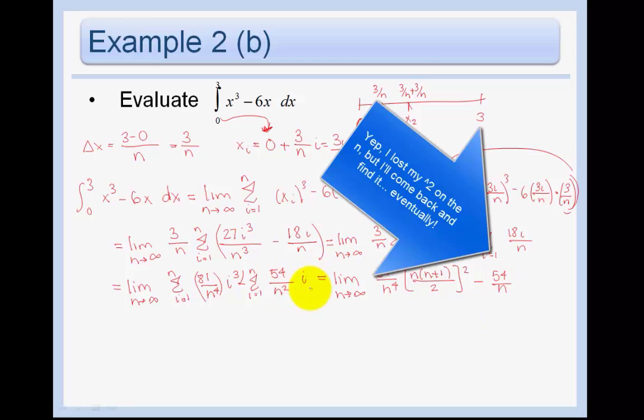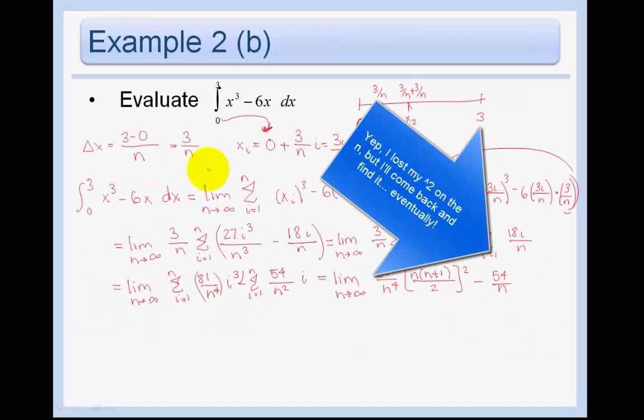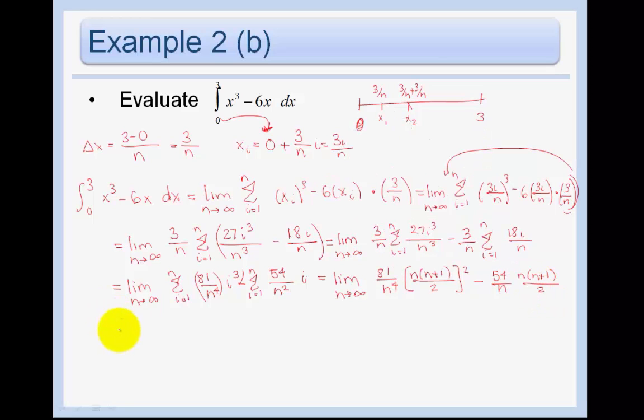And the summation of i was just this guy. And so now I just need to do some algebra. Well, I'm going to do n squared times n plus 1 squared all over 4. And I can do that because I don't have any plus signs there. I'm just multiplying.